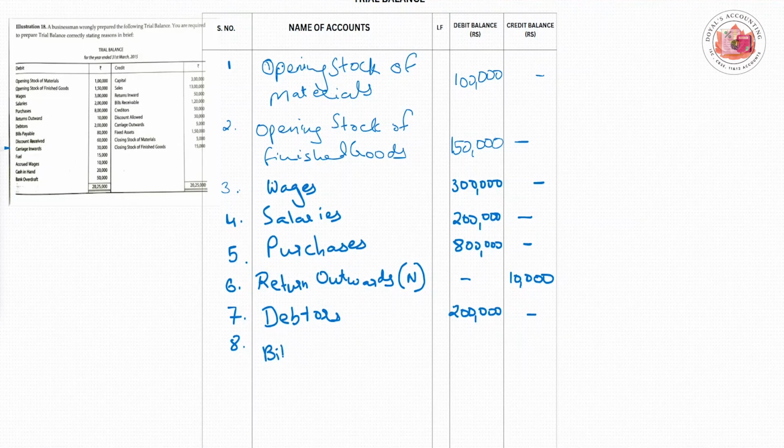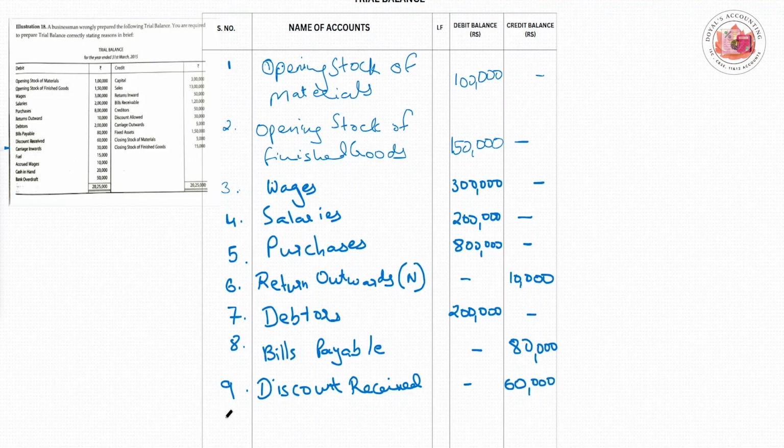Now bills payable is a liability for the company. Get it? It's a liability. So liabilities have credit balance. Number 9, discount received 60,000. Even discount received will have a credit balance because it is like an income. We have saved some money by getting that discount. In a way, it is a sort of gain.